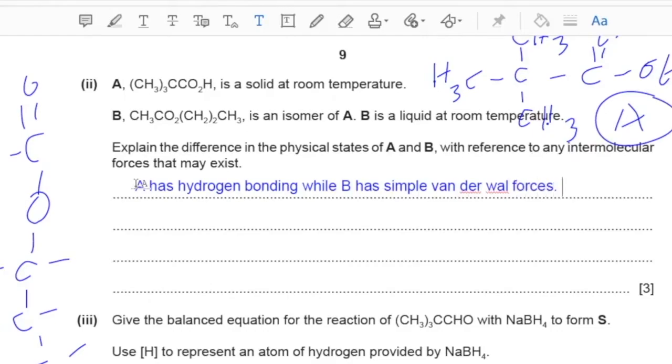And you all must know that hydrogen bonding is the strongest among all the bondings, or at least stronger than van der Waals. That is why it exists as a solid at room temperature.